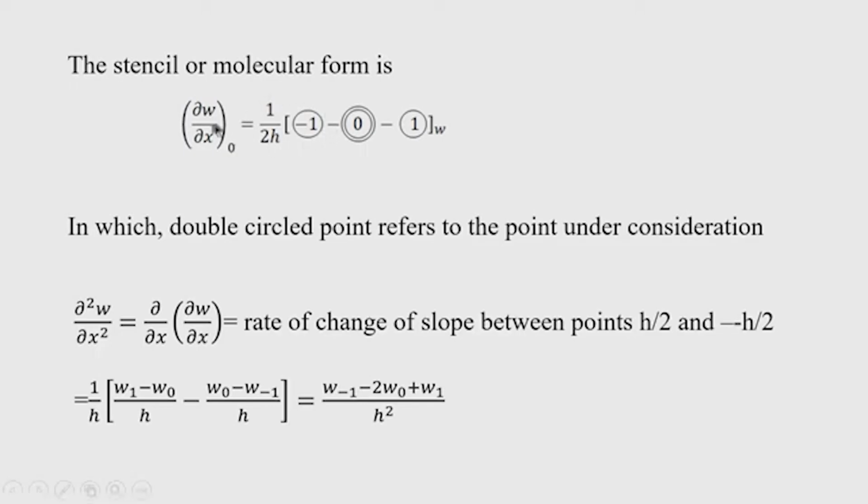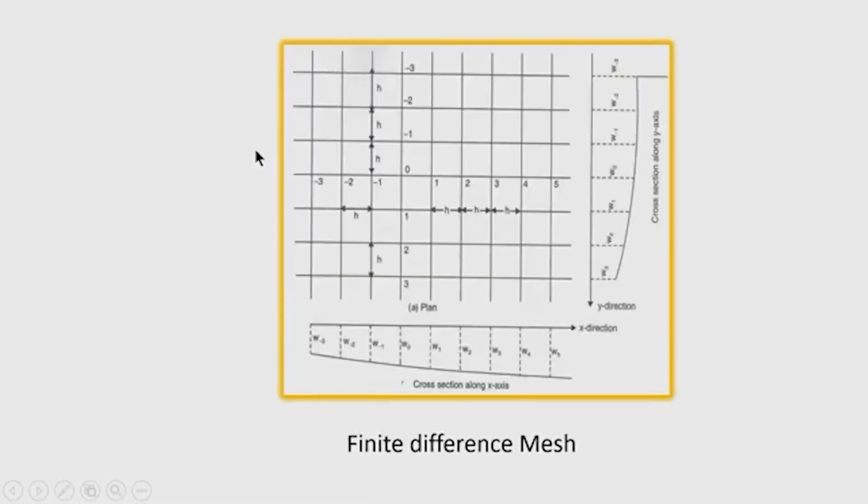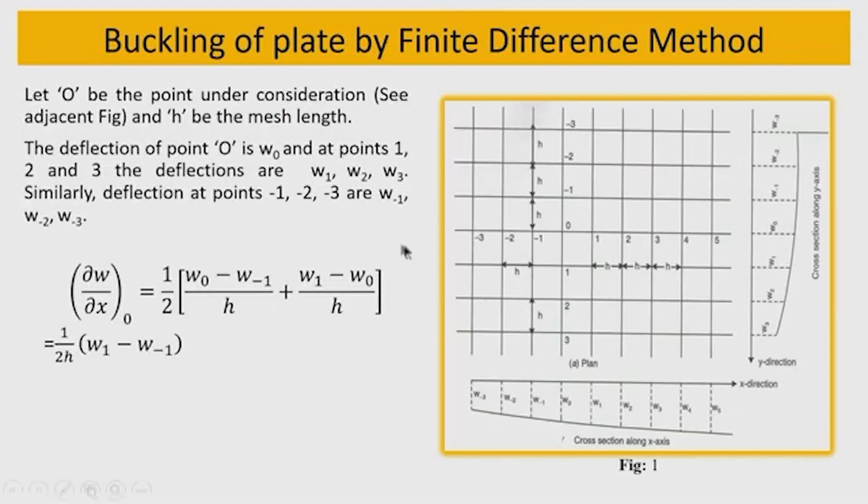So, if you see del W by del x at node O, it can be written here like that. At node O we found the slope given by W 1 minus W minus 1, but the value of deflection at node O is absent in this expression.